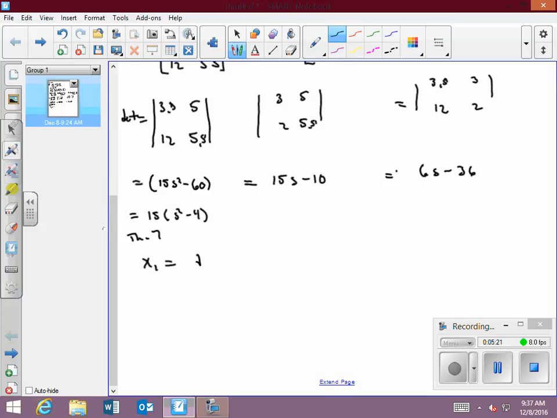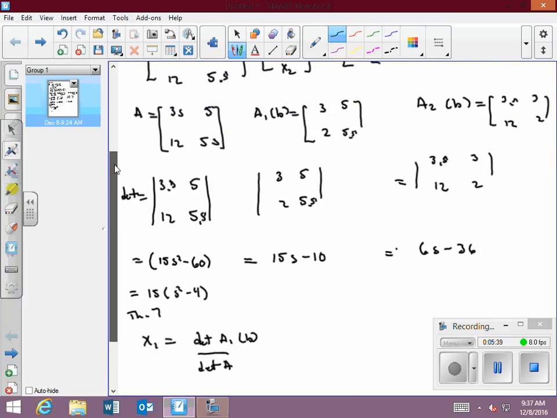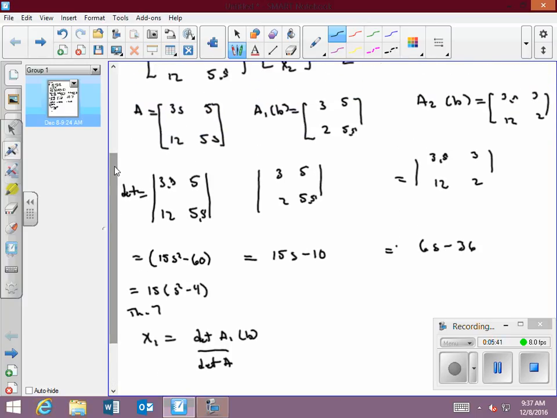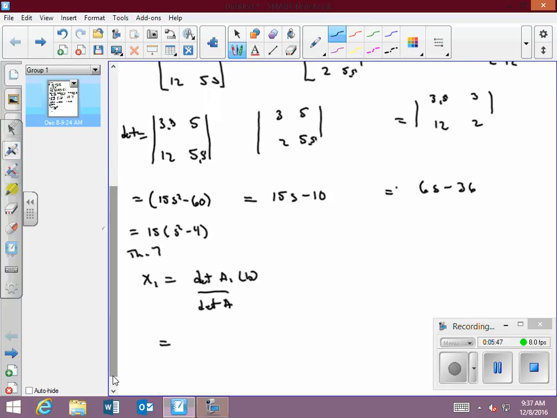And that's the determinant of A1(b) over the determinant of A, and A1(b) is 15s minus 10 over 15 times s squared minus 4.